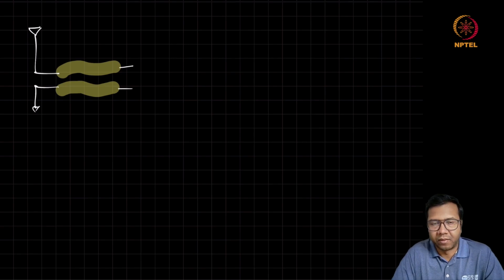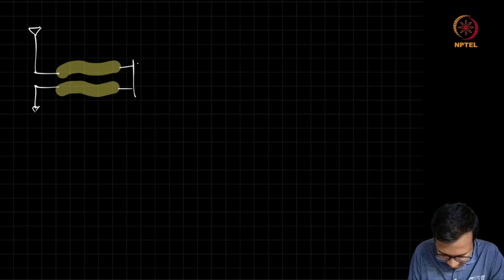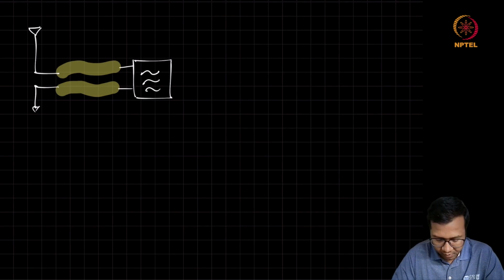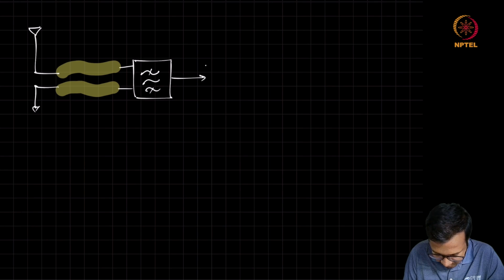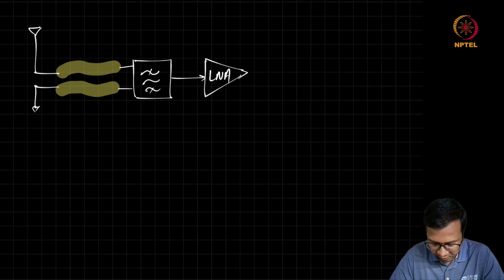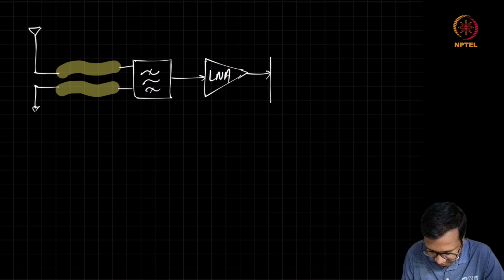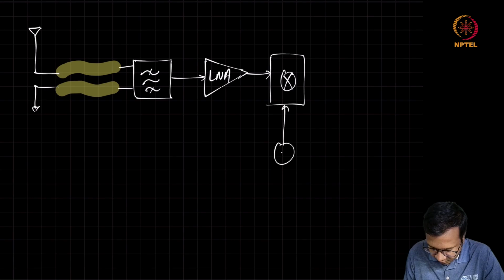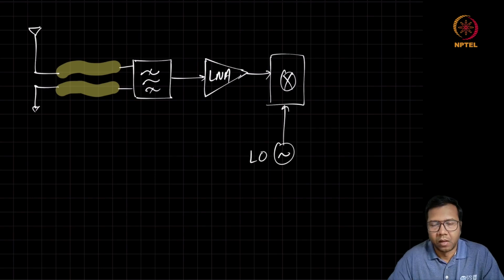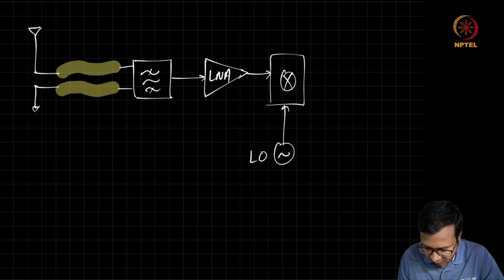It reaches the packaged radio, and the first block will be a band select filter, and then this output goes to the RFIC, and on the RFIC there will be a low noise amplifier at the first stage, followed by a quadrature mixer, which is also fed by an oscillator, and this quadrature mixer generates I and Q signals.